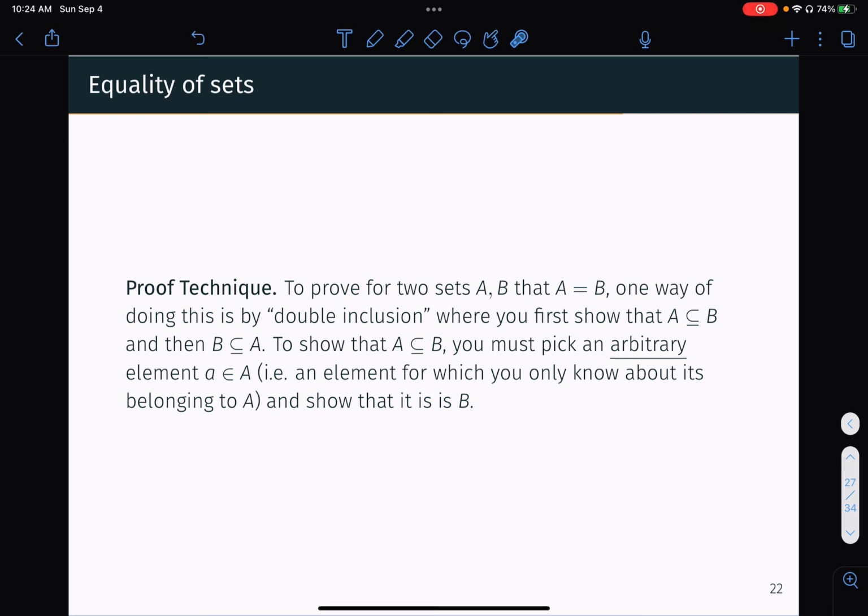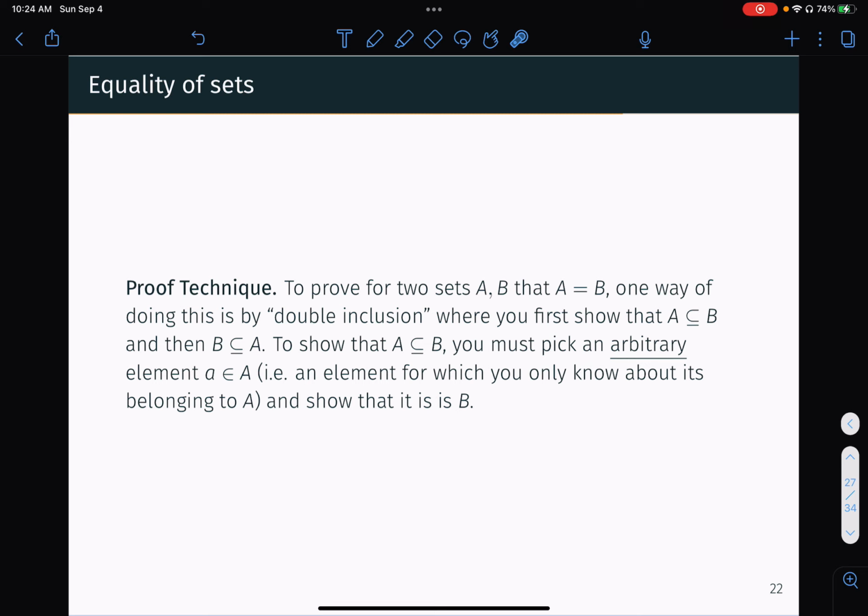To show that, say, A is a subset of B, what you must do is pick an arbitrary element, little a in A. What does it mean that you're picking an arbitrary element little a in A? It means that you're picking an element in the set A for which you only know that it belongs to A. That's the only thing you know about this element.